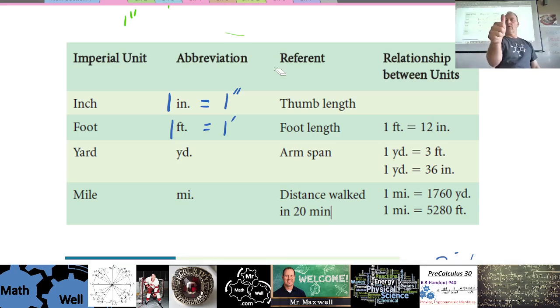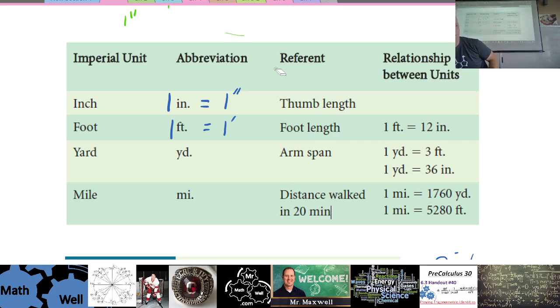So if you hold up your thumb like this, if you are a typical average sized person, then the width of your thumb at the knuckle would be about 1 inch. So if you are estimating how long something is or how tall something is, you could quickly use your thumb, because most people have at least one thumb. You could use your thumb real quick to go 1, 2, 3, 4.5 inches. This is about 4.5 inches tall. That's my quick guess using what we call a referent.